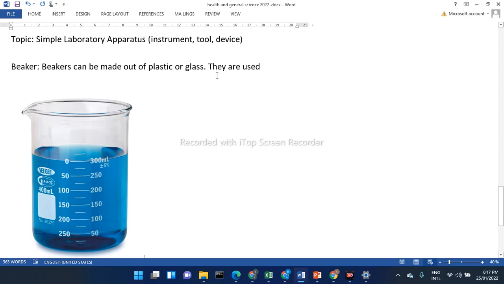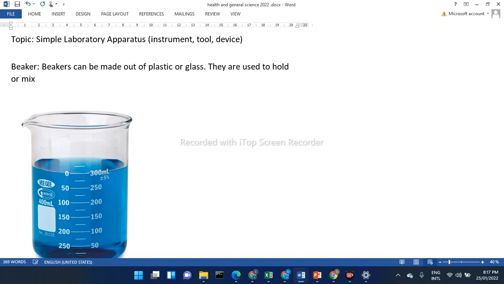So because they are made to hold liquid or gas, they are used to, like we said, hold or mix substances, and also measure them. And when you say substances, especially liquids.